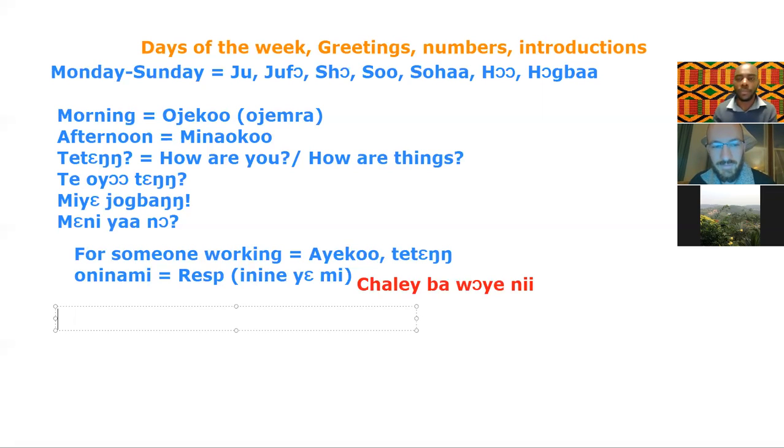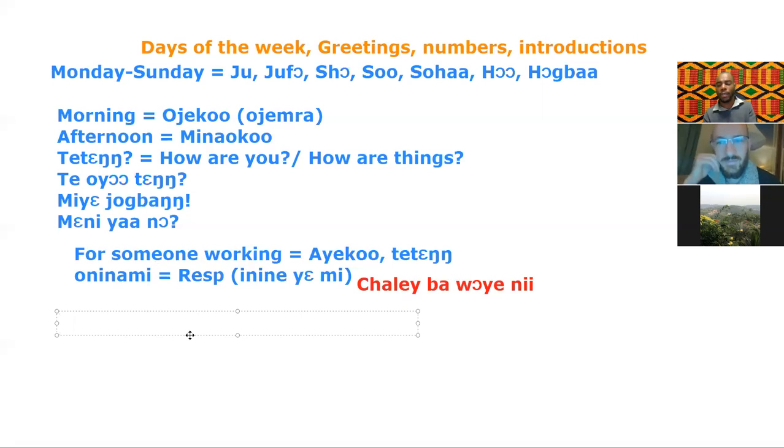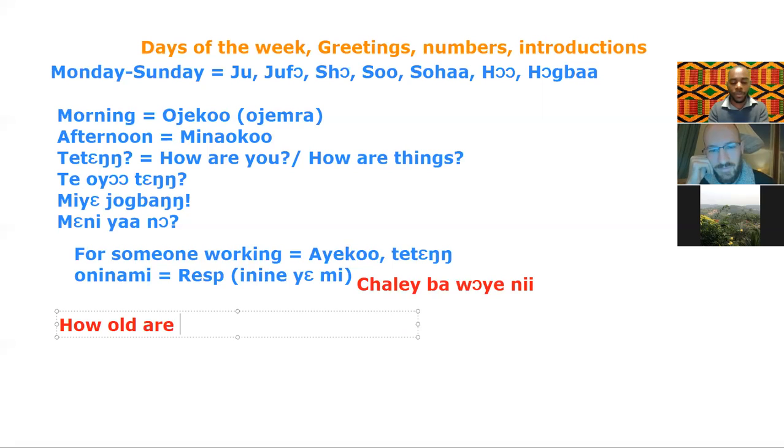So we have our numbers. We have 1, 2, 3, 4, 5. How old are you? How would you say how old you are in Ga? So I'm going to ask you a question. How old are you? Meet somebody, how old are you? How would you actually say this in Ga?